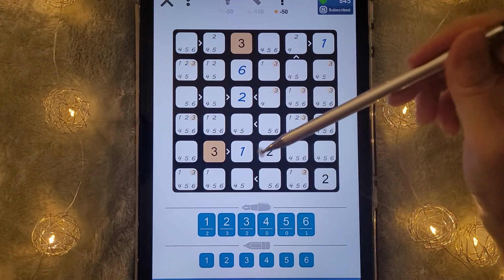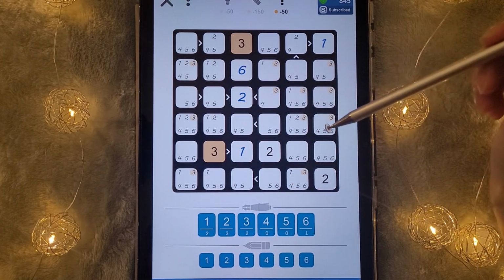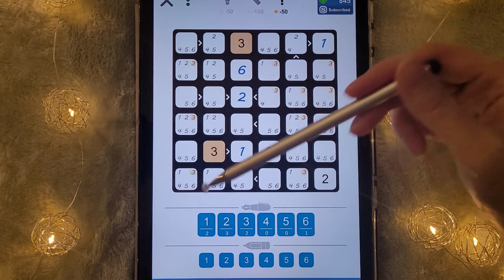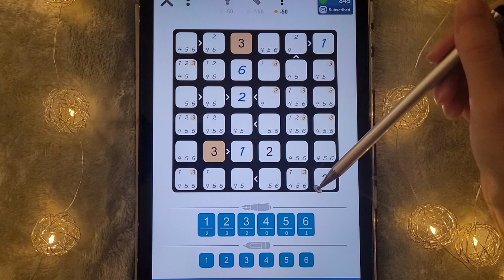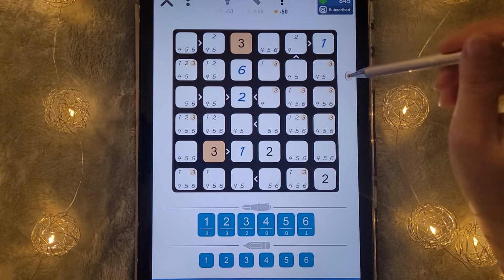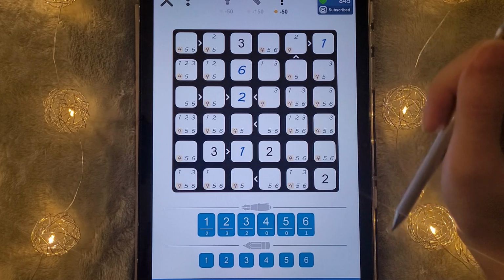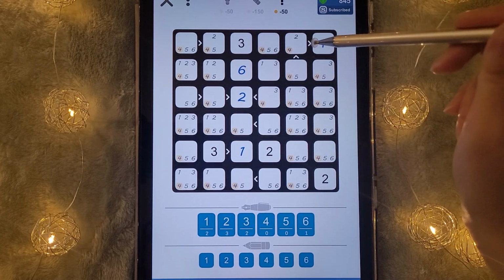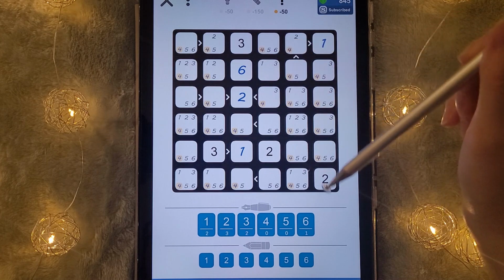Let's look at the 3s. I also don't see anything with the 3s yet. I'm probably missing a ton of stuff, but I'll eventually get to it. Let's look at the 4s.